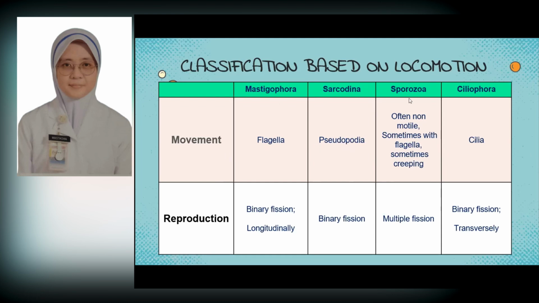Next, for the Sporozoa, the movement is often non-motile, but sometimes with flagellae, sometimes creeping, and for reproduction, it has multiple fissions. And the last one is Ciliophora. The movement is cilia and the reproduction is binary fission, transversely.